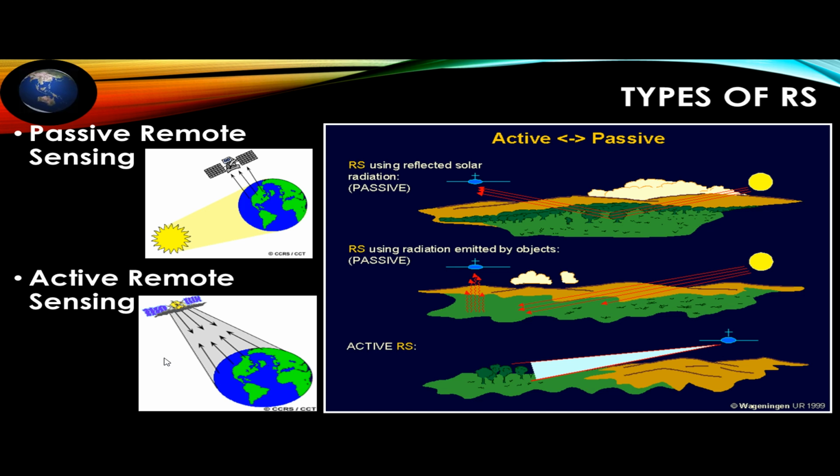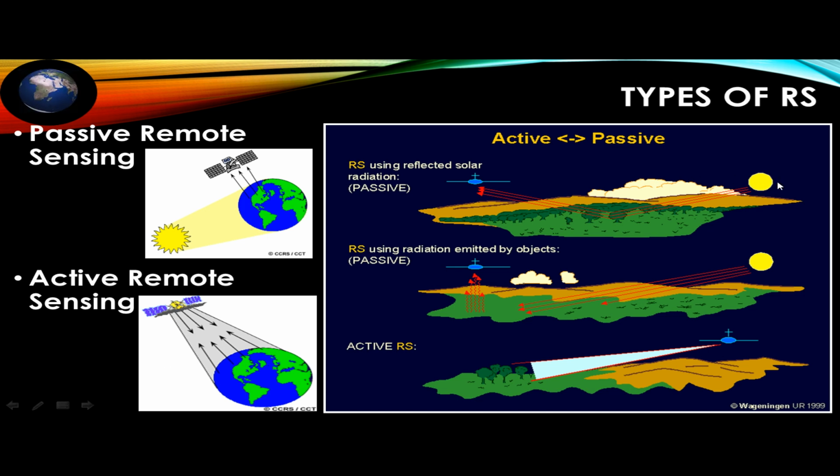When we take the electromagnetic radiation of the sun itself, we are getting the reflected radiations. Means we need not throw light from the sensor, and we will collect the information. If you see here, this image is showing passive reflected solar radiation.